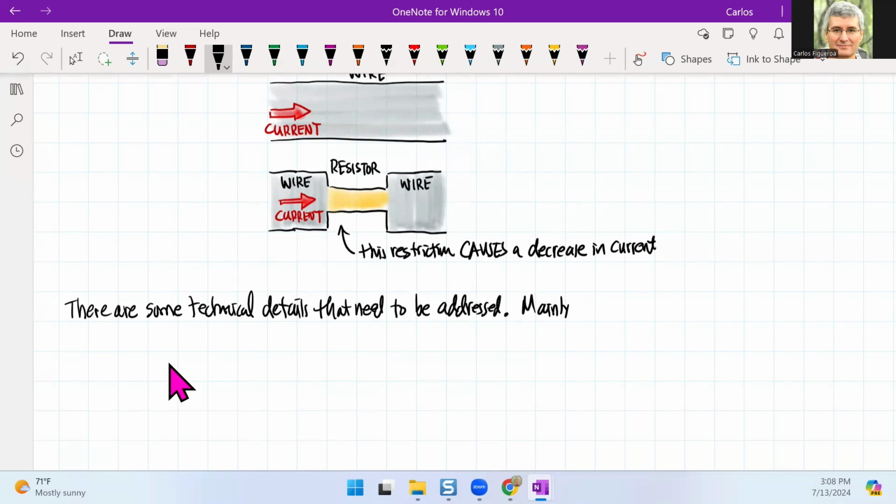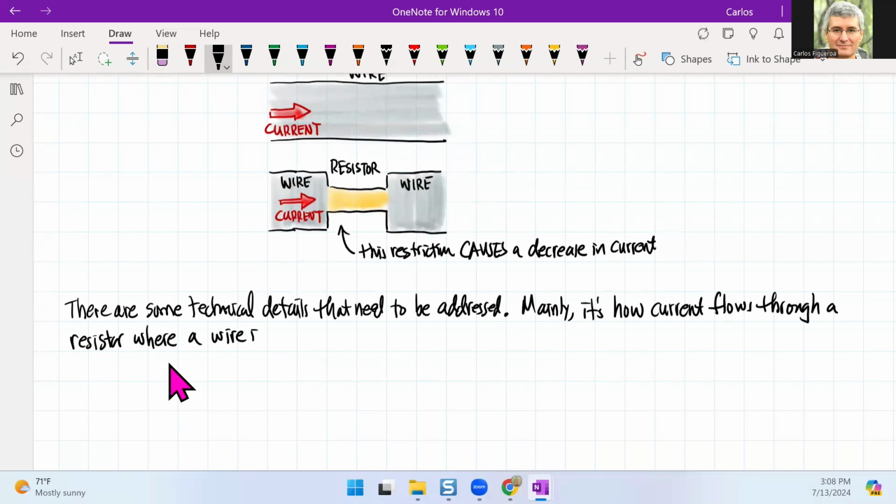Mainly, it's how current flows through a resistor where a wire is thicker and the resistor is thinner.